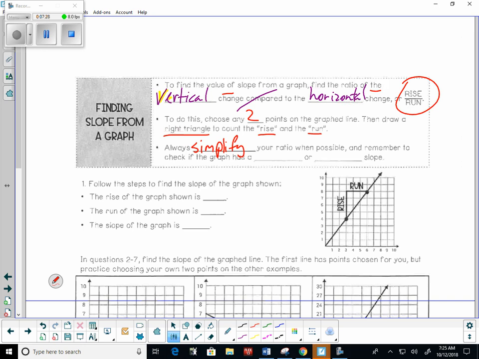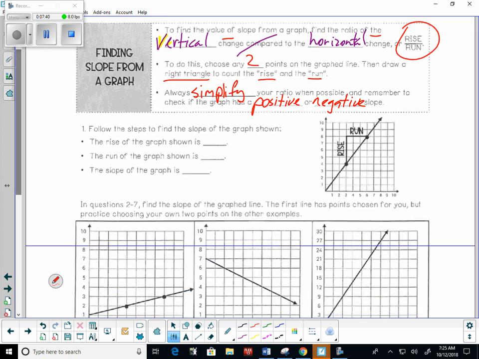And remember to check if the graph has a positive, this is really important, students, positive or negative slope. Okay? So follow the steps to find the slope on the graph shown. The rise of the graph is shown. So you can see here is our rise, there's our run, and we have created now a right triangle. We always want to check to see this graph is counting just by ones for the y value, counting by ones on the x value. That will not always be the case.